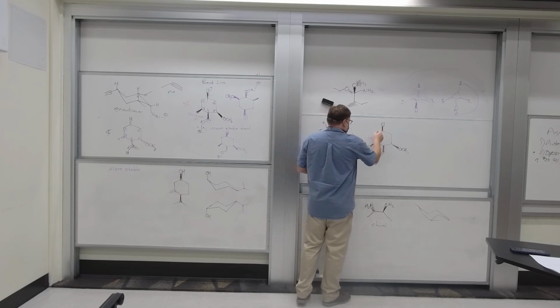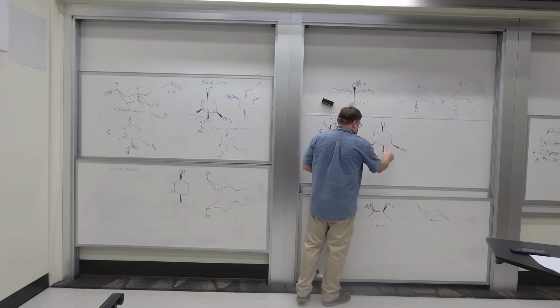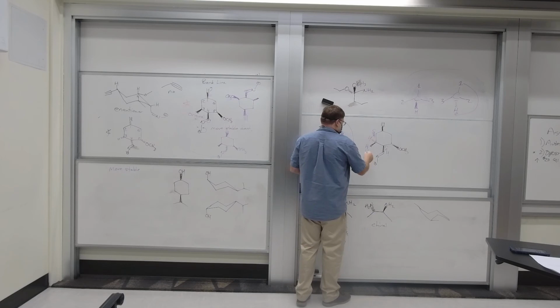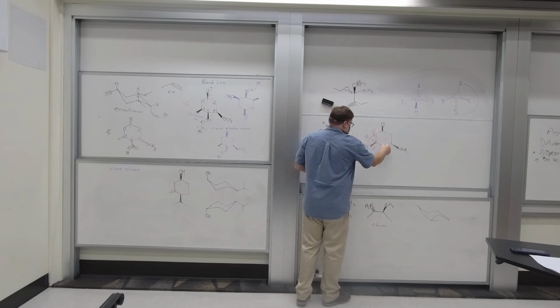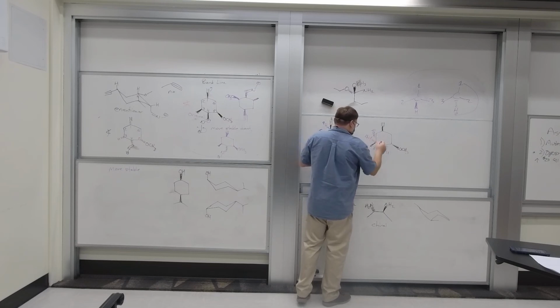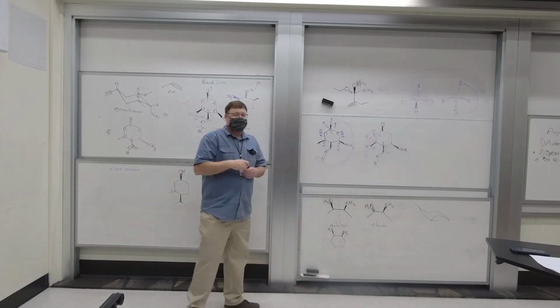This carbon is bonded to a carbon and 2 H's. This carbon is bonded to a carbon and an H. So carbon beats hydrogen, so the methyl is 3. Carbons tie. Carbon beats hydrogen, so this is 1, and that's 2.